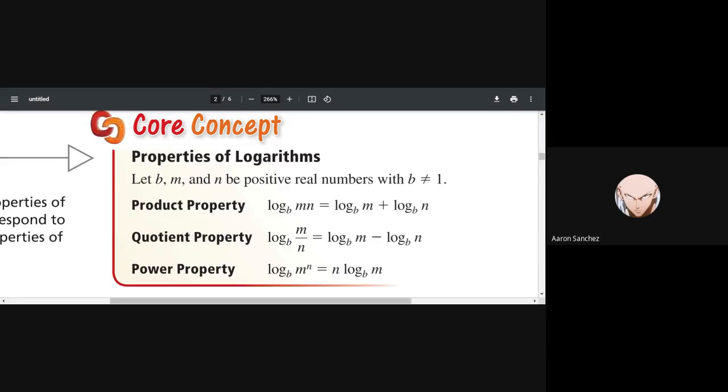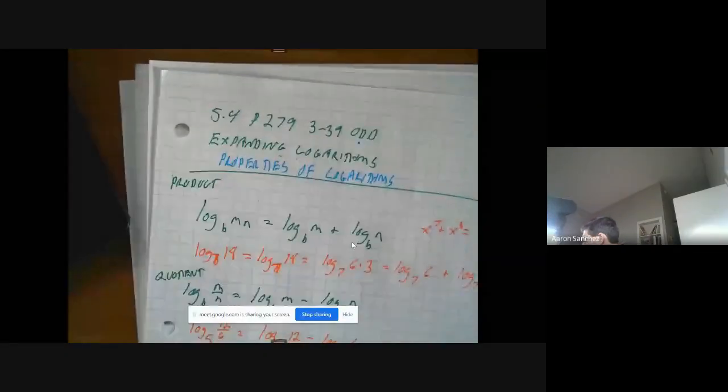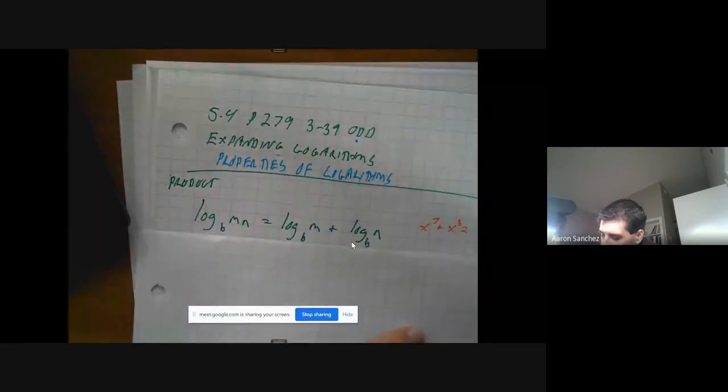Let me explain what's going on here. Okay, so these are just properties of logarithms, and basically, what's going on here? I always get confused when they show stuff with the letters, and the numbers always help.